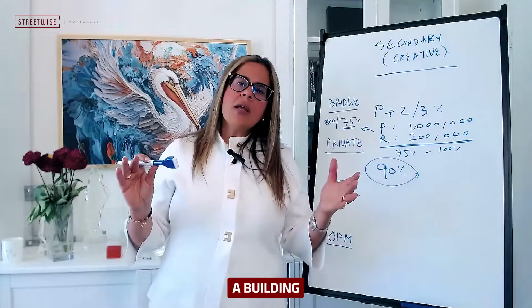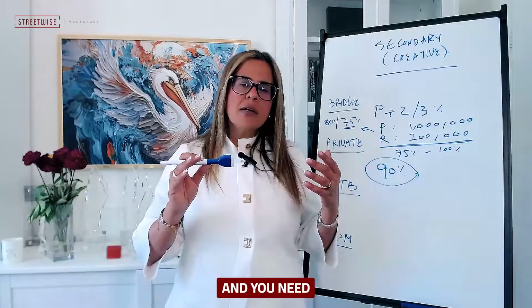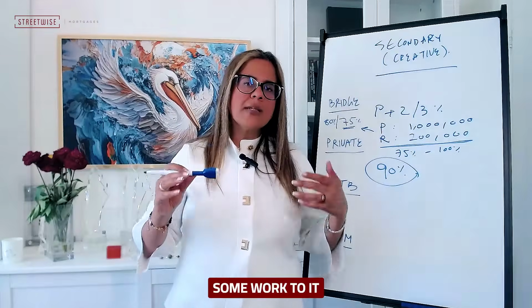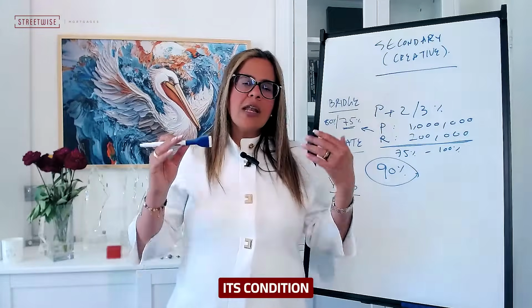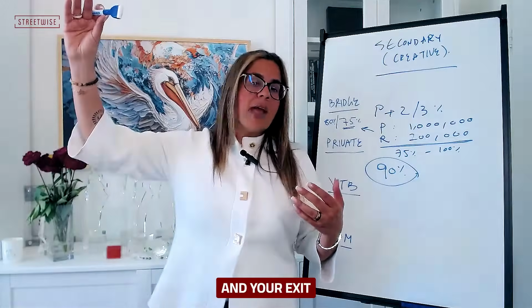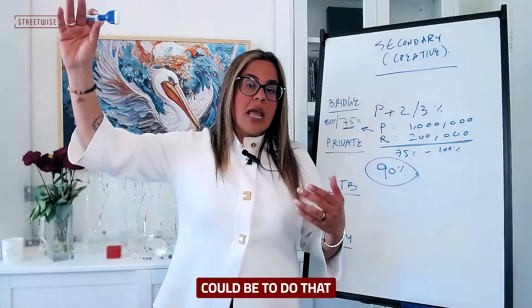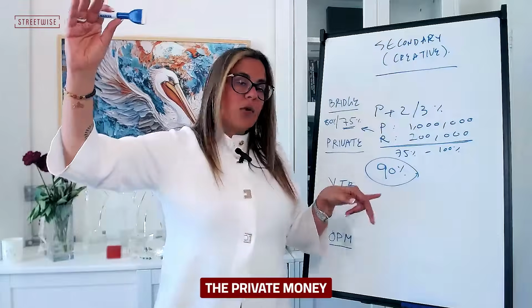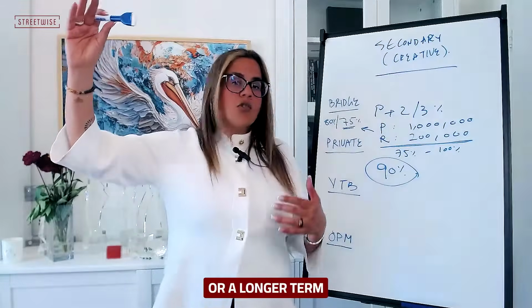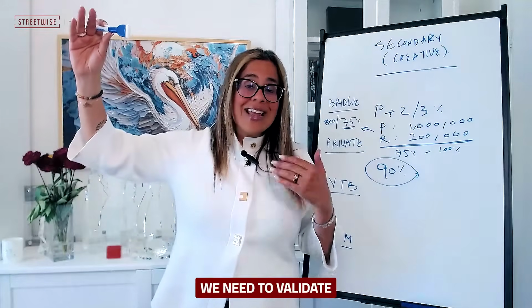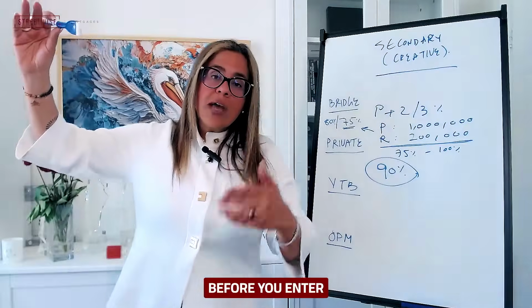So sometimes you buy a building, you acquire it, and you need to do some work to it and improve its condition and net operating income. And your exit could be to do that and pay off the private money through a CMHC loan or a longer term loan. You need to validate that exit before you enter the deal.